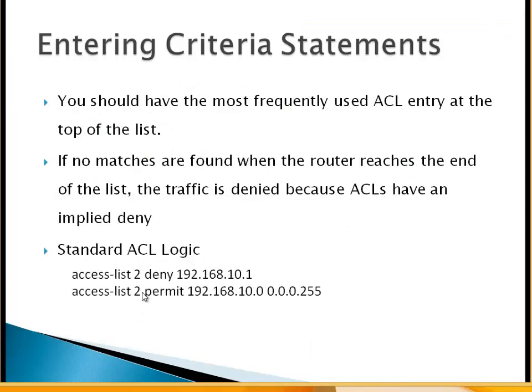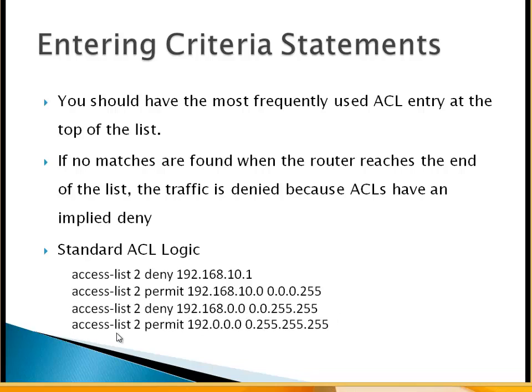So in this case, for example, a standard access list to deny this host, then permit this network, then deny the rest. We're going to deny hosts 10.1.2.3.4, but we did permit 10 only. So this says deny this host, allow 192.168.10.0, that network, but deny everything else, 192.168.0.0 without a wildcard mask.